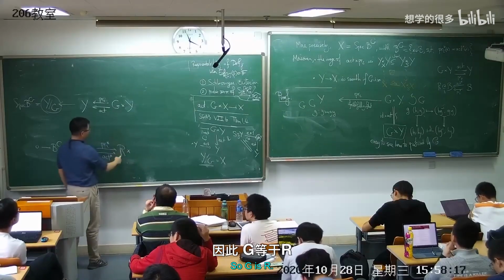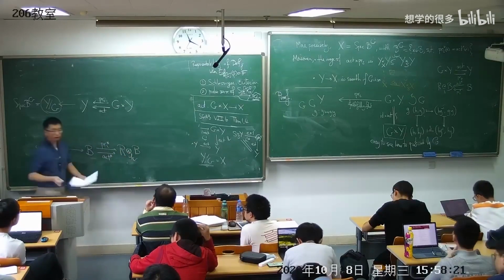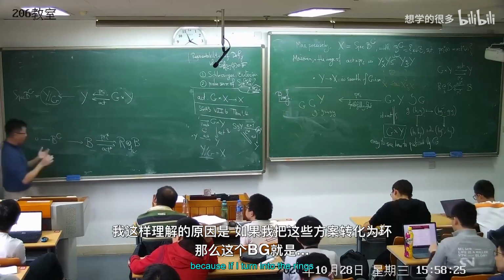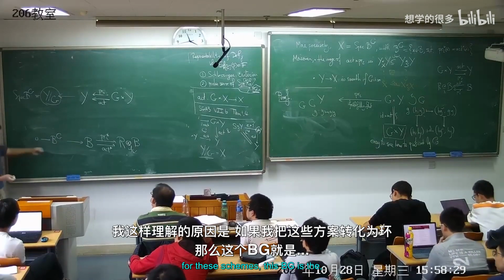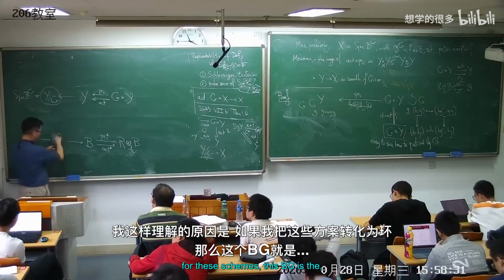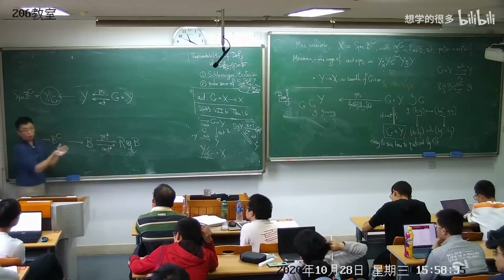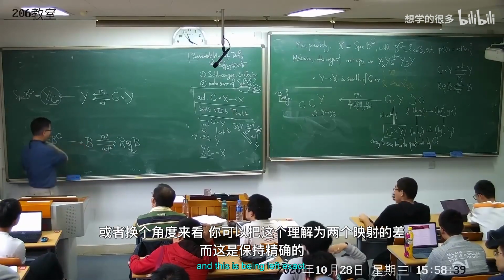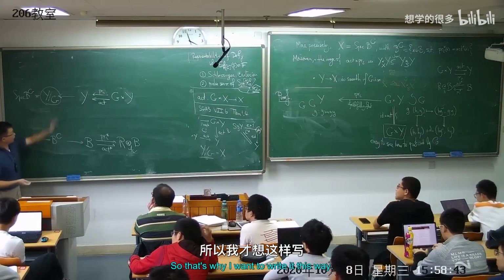So G is R, tensor Y is B. So the reason I write it this way is because if I turn into the rings for these schemes, this BG is the equalizer of these two maps. Or alternatively, you can think of it as the difference of the two maps, and this being left exact. That's the same thing, okay? So that's why I want to write it this way.